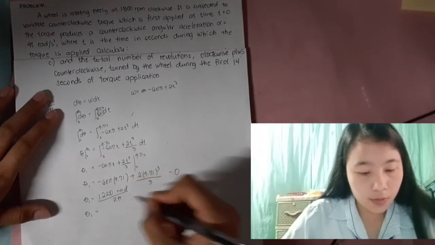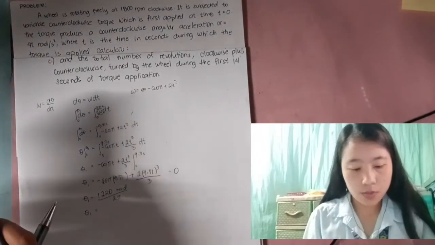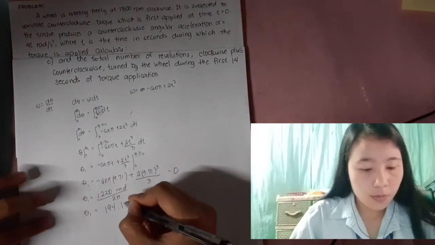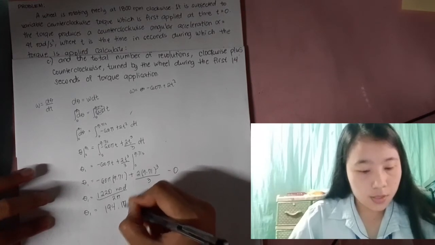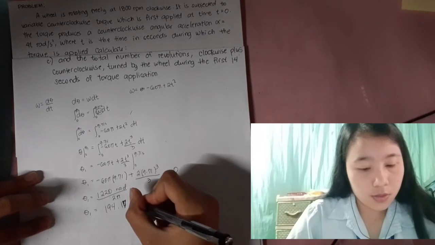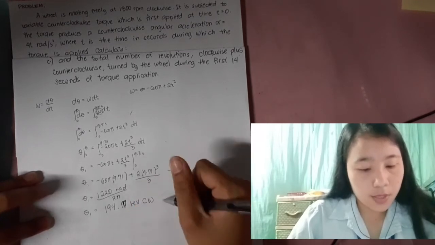Theta 1 is then equal to 194.7 revolutions clockwise.